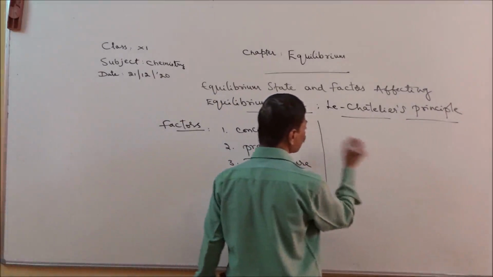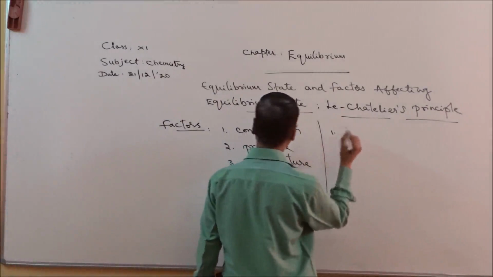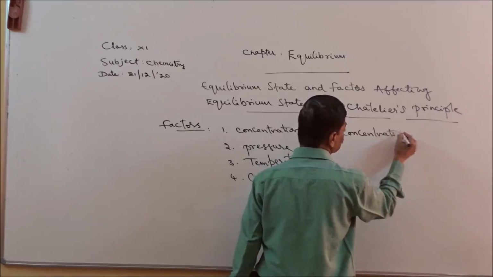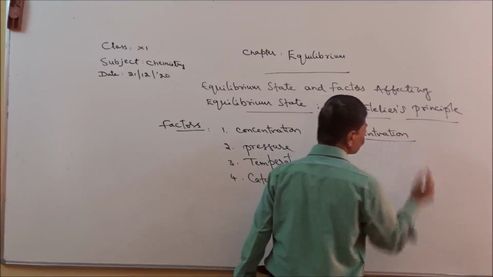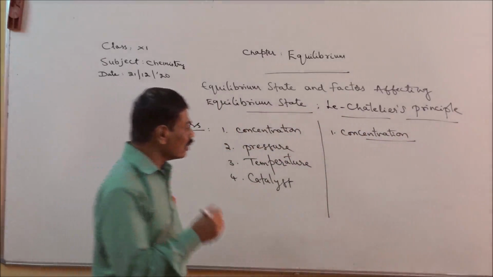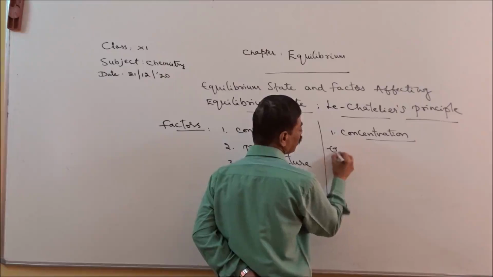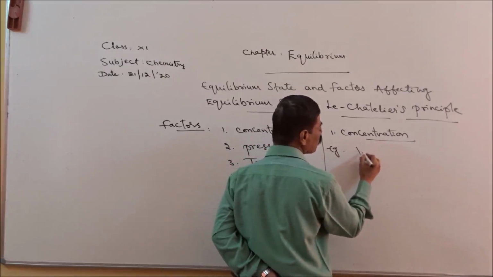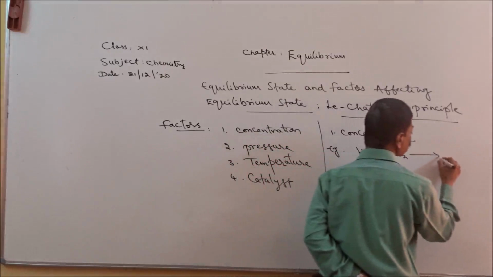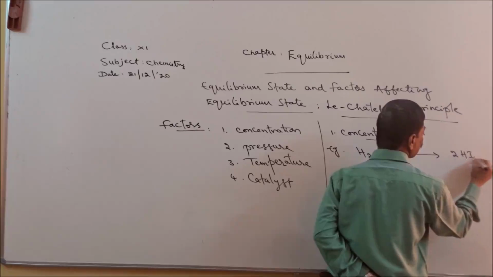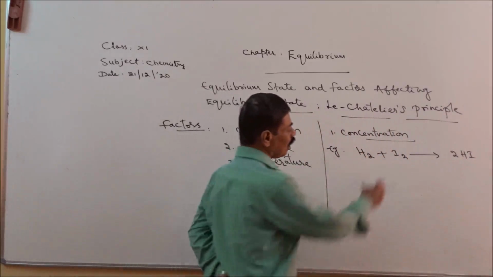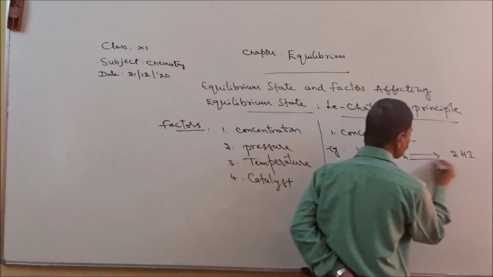Now let us see one factor in detail now. The first factor is concentration. I'll make it clear, the effect of concentration over a reversible reaction. Imagine there is a reaction wherein two reactants, hydrogen and iodine, are reacting together to form the product, hydrogen iodide, and this is a reversible reaction.